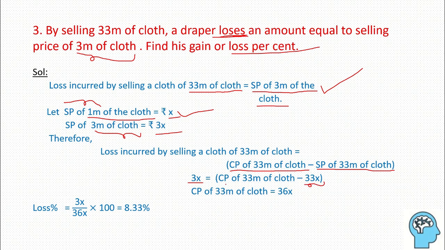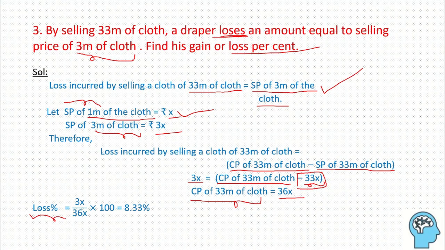Then the cost price of 33 meters of cloth minus 33x equals 3x, so 33x goes to the other side of the equation, and the cost price of 33 meters of cloth will be 36x.